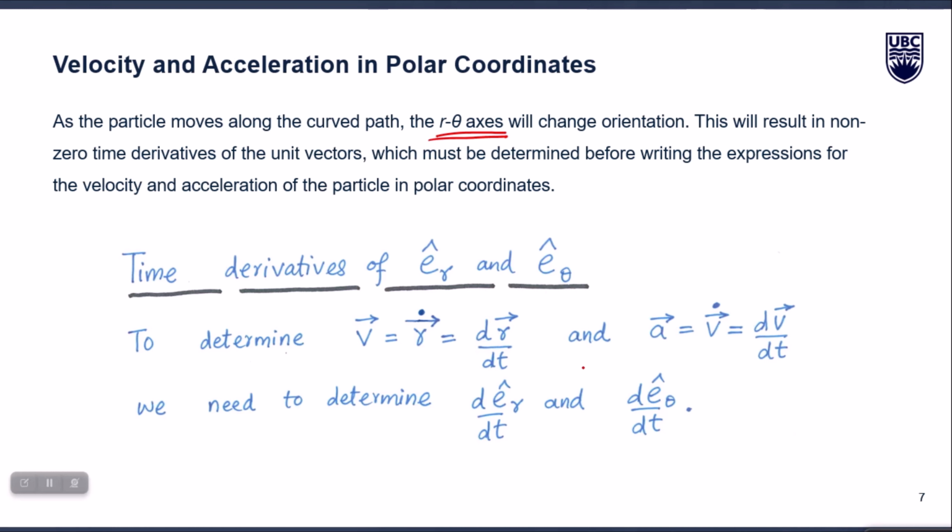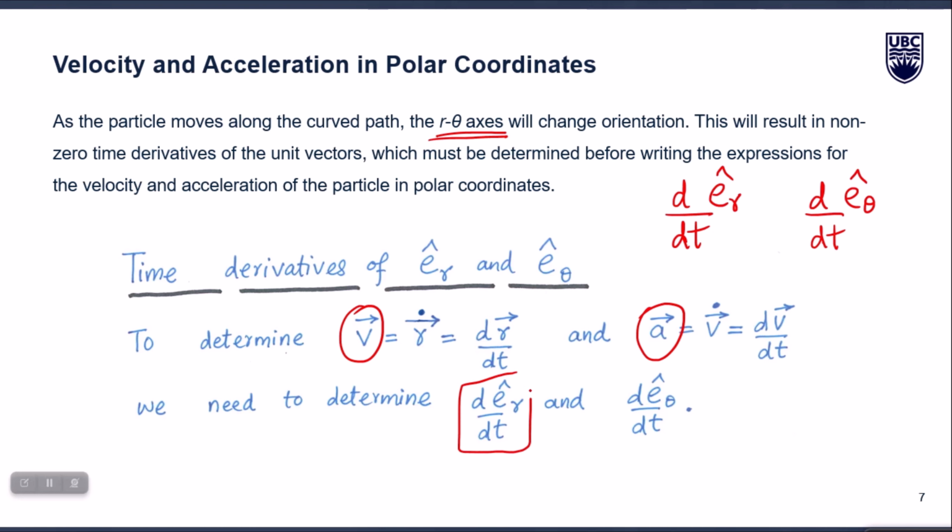So it means that the first thing we should do is to determine what is d by dt of the e sub r unit vector and what is d by dt of the e sub theta unit vector, because both of these quantities appear in my velocity expression and acceleration expression, right? So before actually writing velocity and acceleration in this coordinate system, let's determine this quantity and this other quantity, right?